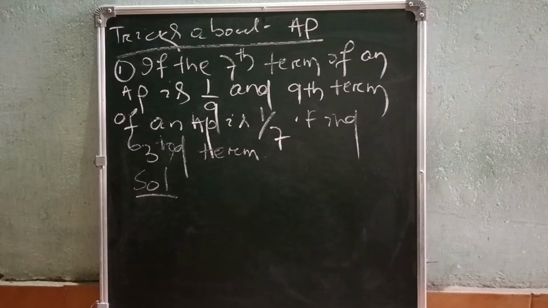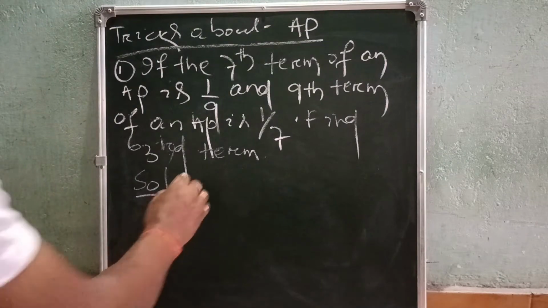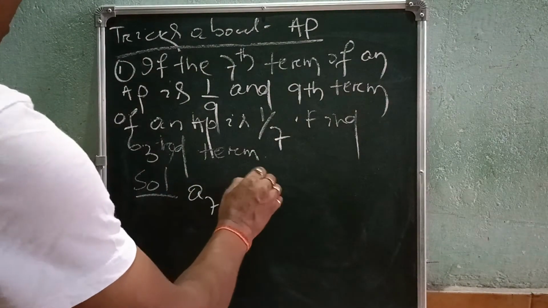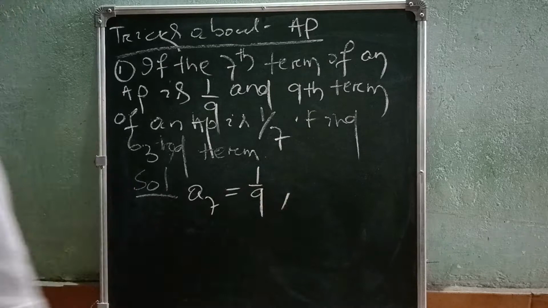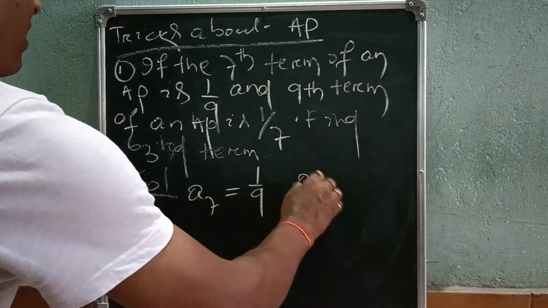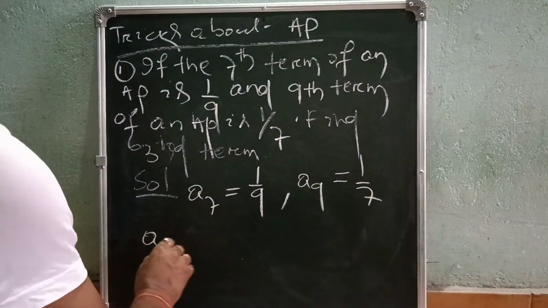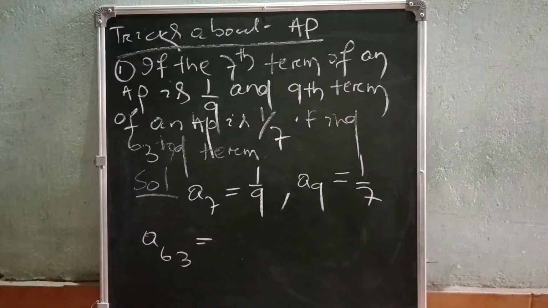A7 is given, that is 1 by 9. And the ninth term of the AP is also given, A9 is given, that is 1 by 7. The asking question is A63. The answer is 1. So what is the trick?